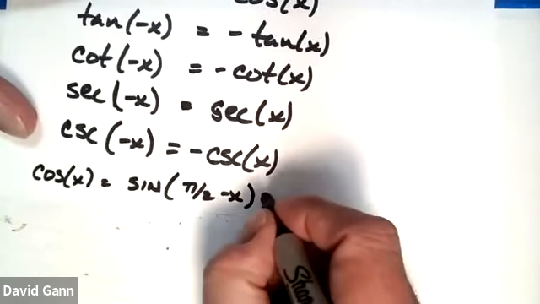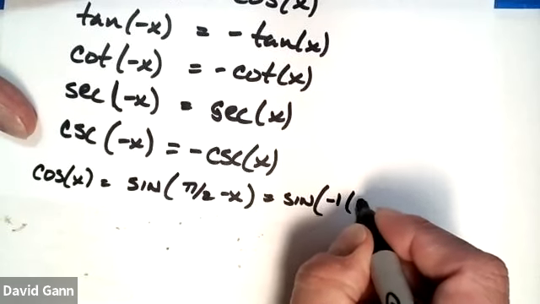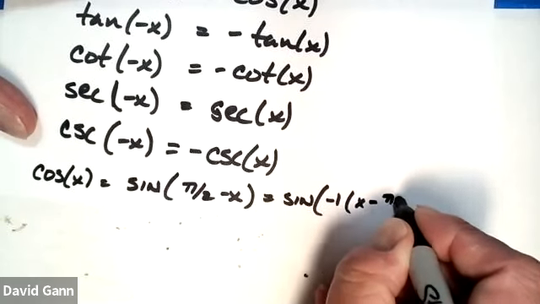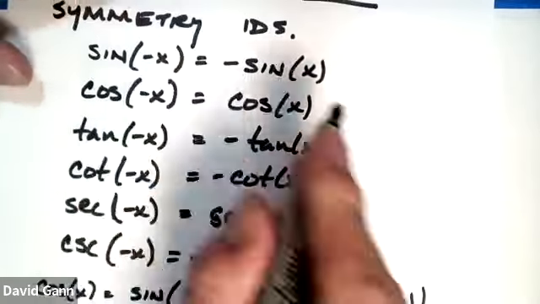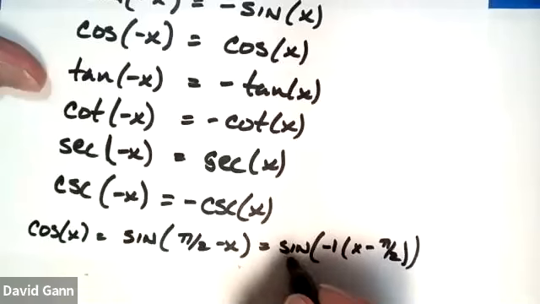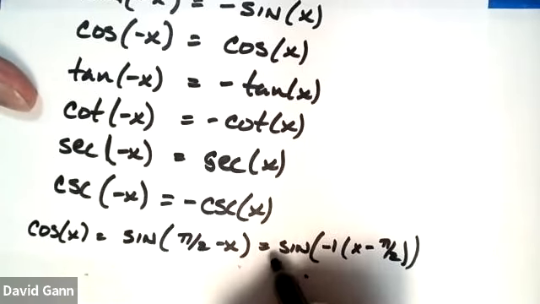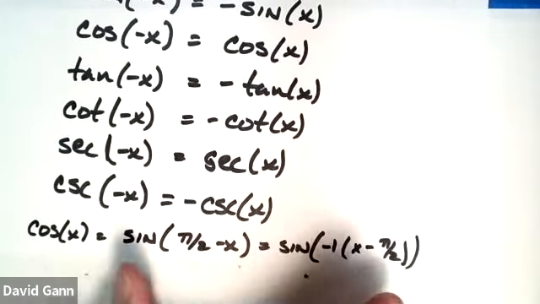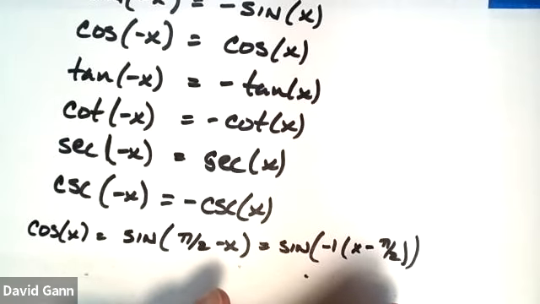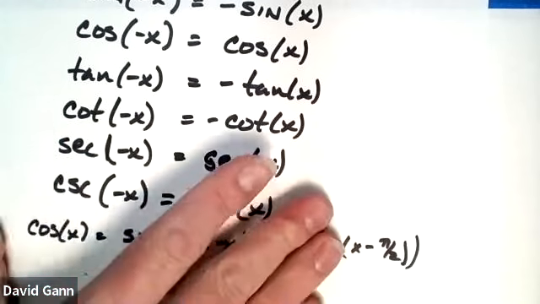Well, this happens to also be equal to sine of negative 1 times x minus pi over 2. And because sine is odd, that negative sign can pop right out, and we end up with negative sine of x minus pi over 2, which involves a vertical flip and a translation by pi over 2. And that's how those two functions are related. And it turns out that there's more than just that as well. I mean, this is just sort of the beginning.